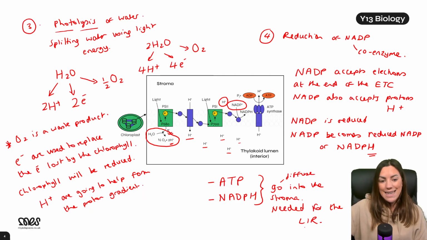Now, the light-independent reaction, as the name suggests, doesn't directly need light energy, but I'm sure you can appreciate that without light, the light-dependent stage would slow down and stop, which would mean there'd be no production of ATP or NADPH, which ultimately means the light-independent reaction would slow down and stop because it wouldn't have the ATP and the NADPH that it needed to continue.